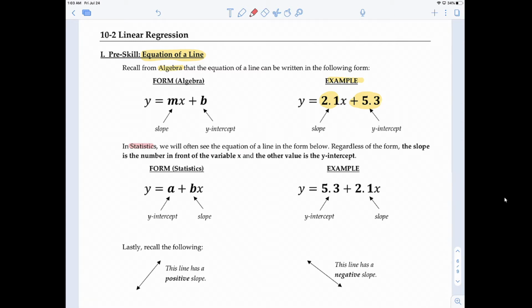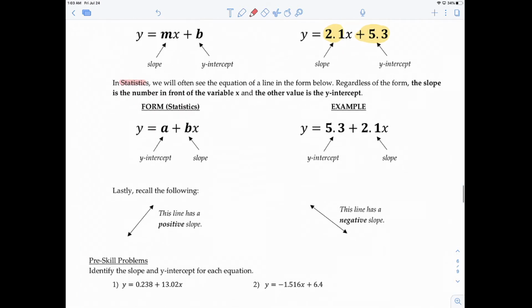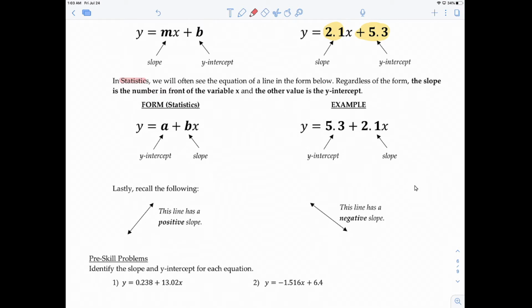So the value in front of x is always your slope. Another thing that's good to know is a line that looks like this has a positive slope, and a line that goes down like this has a negative slope.